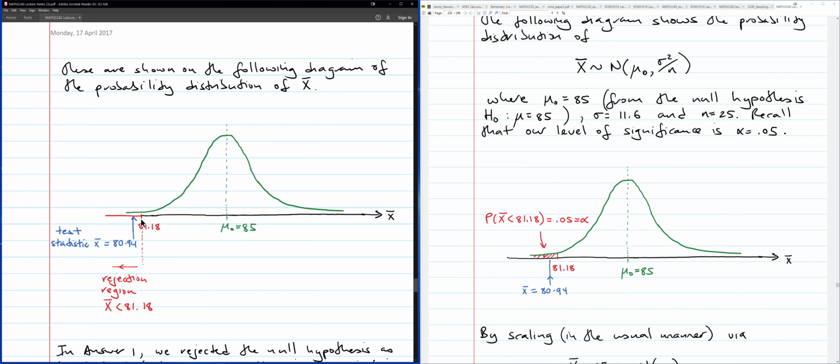So that's why you call this a rejection region. A rejection region would be a region that is far from your assumed population mean, right? And if you actually do your experiment and you get a value in the rejection region, that's indicating to you that this assumption, that mu 0 is equal to 85, is actually false.